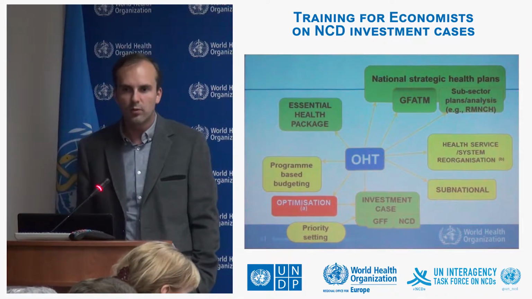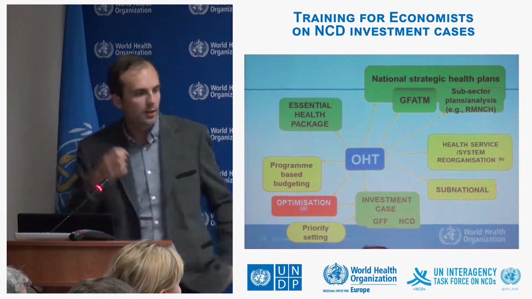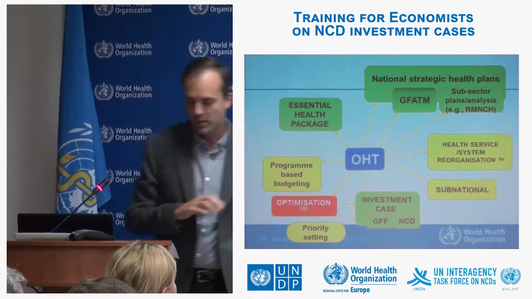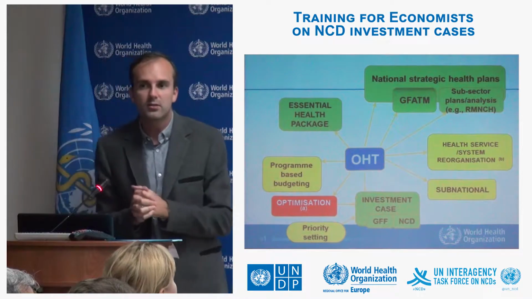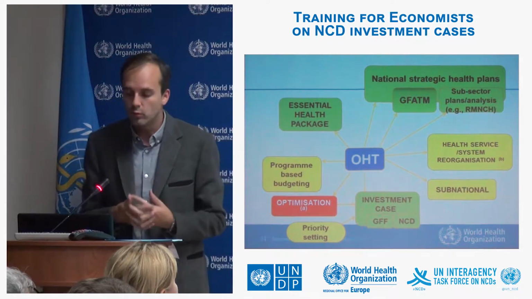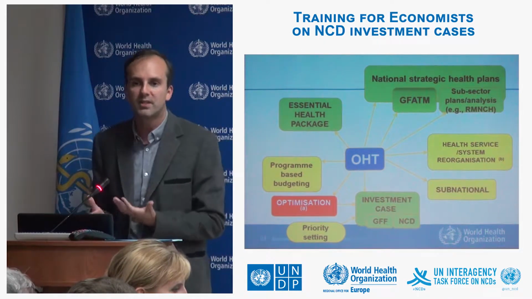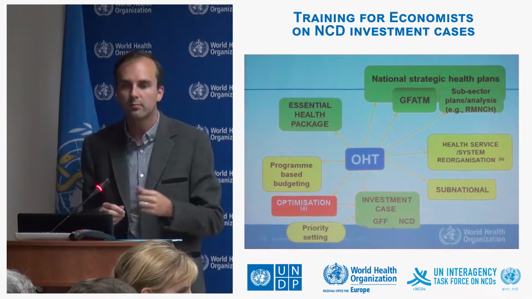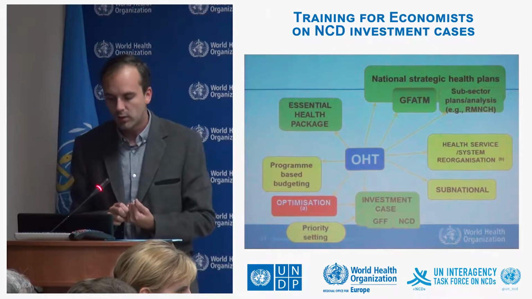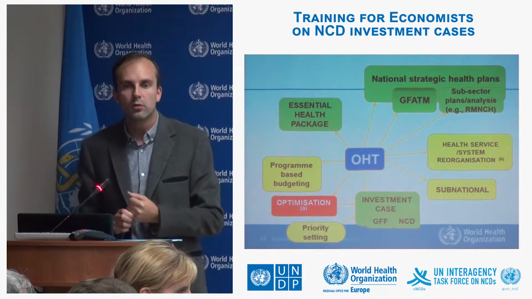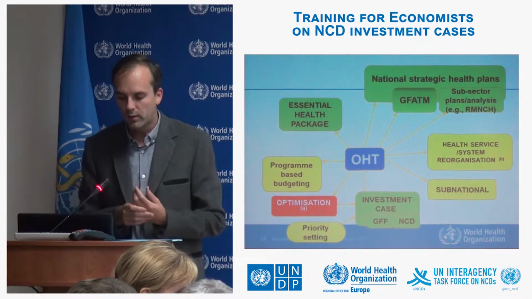So what can the OneHealth tool do? It can do many things. I mentioned the strategic health plan above, but there are other things you could do with the tool. You can think of what your basic health package should be and what the most cost-effective interventions should be. You can think about how you're going to reorganize your health system, and the results from the tool can help with that.